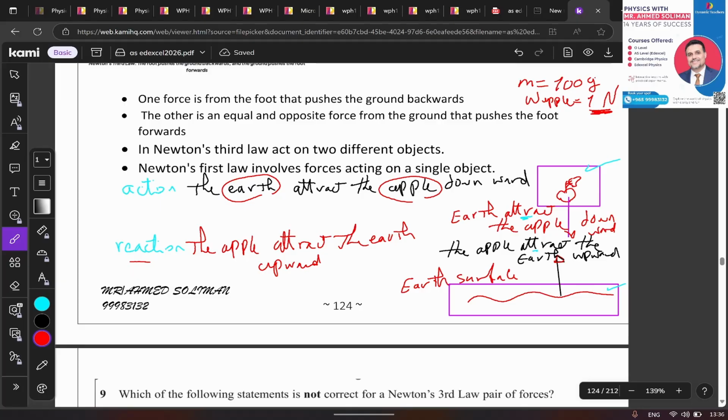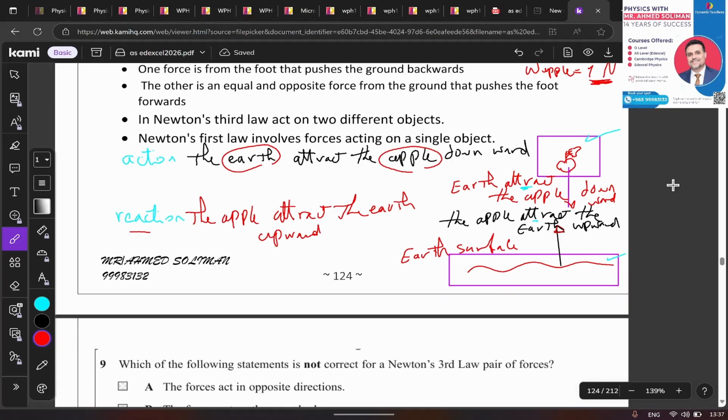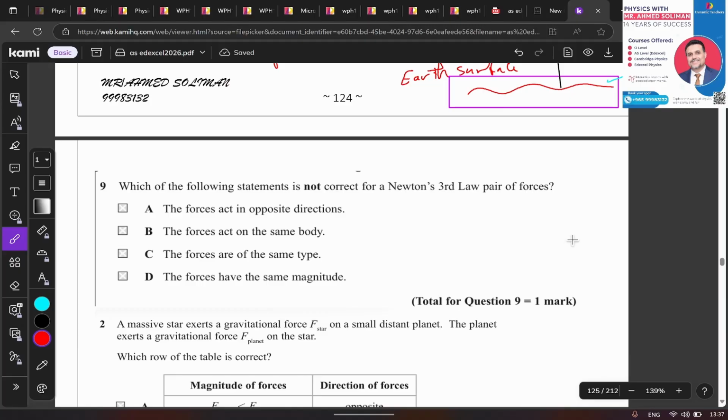Also, I have another example. If you want to raise your pen upward, what is the action force? You have an apple, and this is your hand, and you want to move the apple upward.